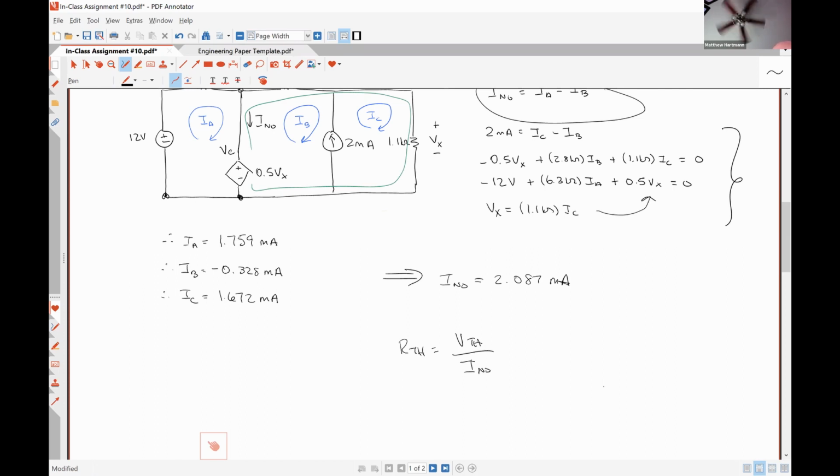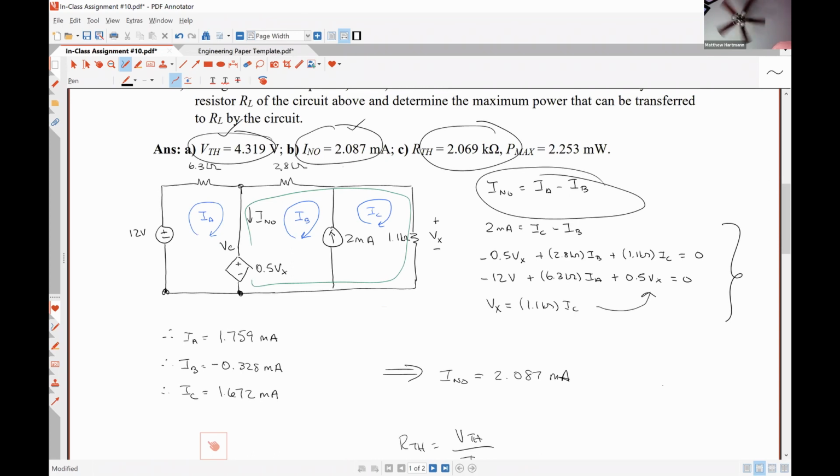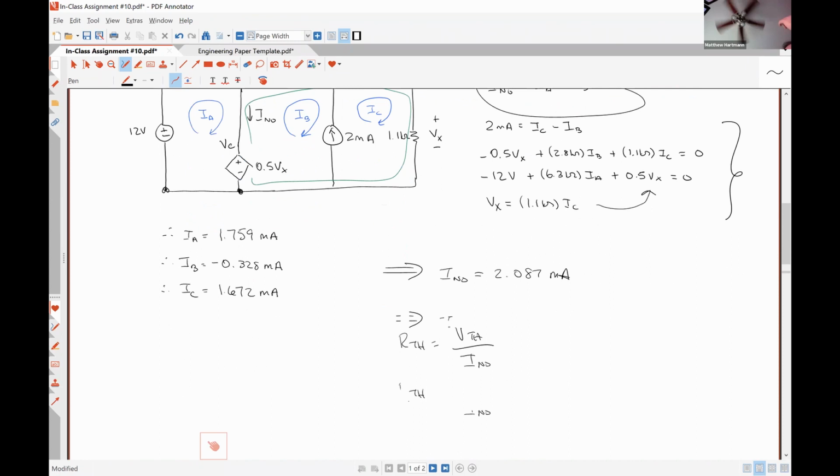Maximum power, since we know I Norton and V Thevenin, P max will just be V Thevenin squared over 4 R Thevenin, which will be identical to 1/4 I Norton squared times R Thevenin.